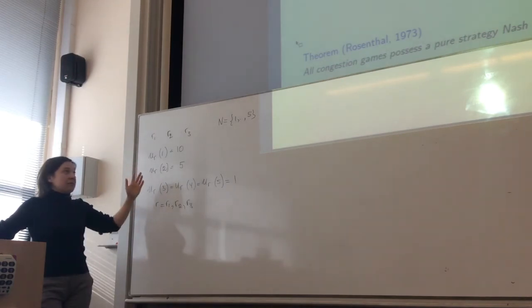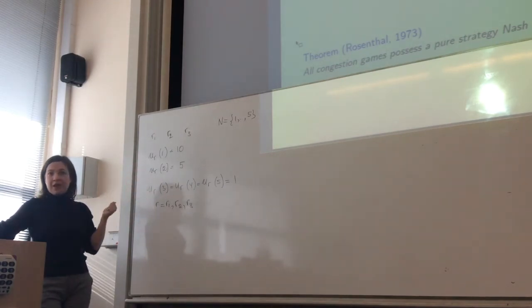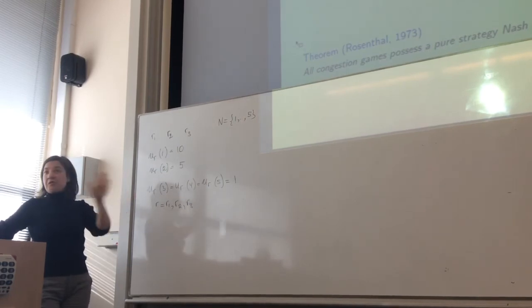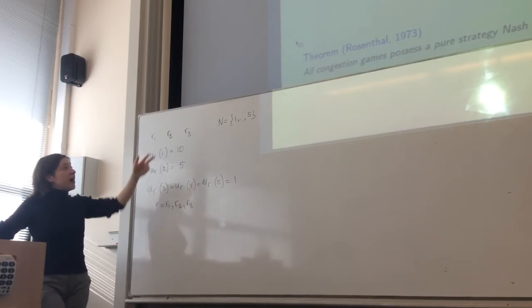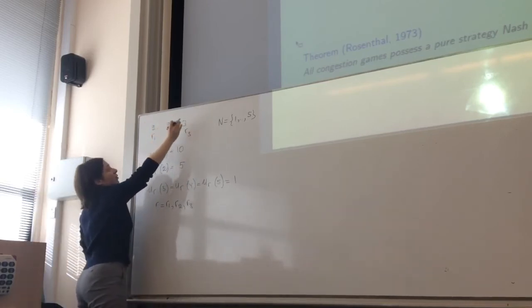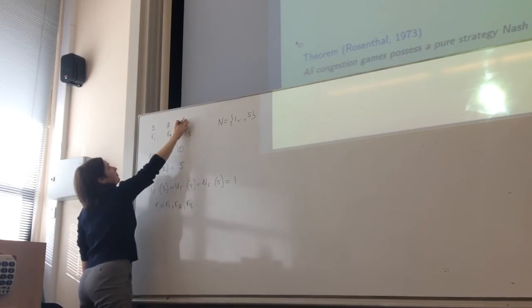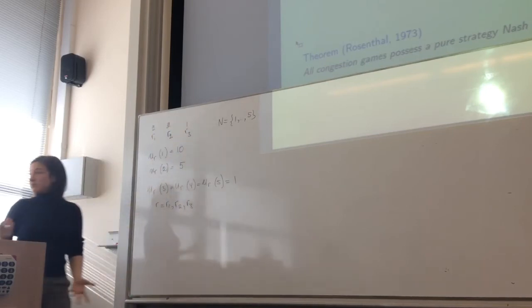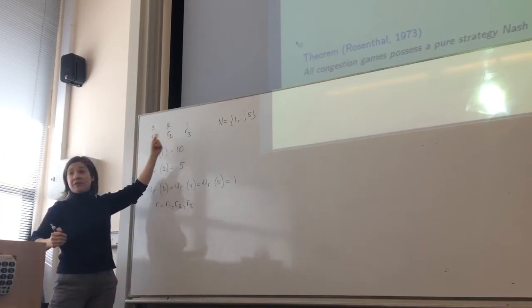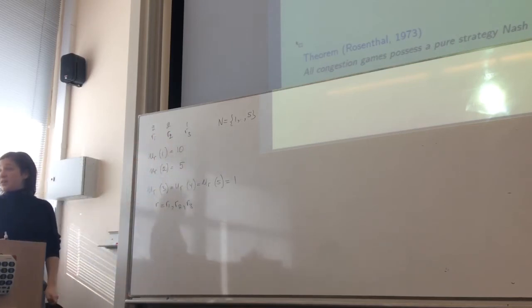How do you think the Nash equilibrium in this game would look like? Choose different resources. Yeah, they try to somehow spread themselves evenly among the resources. Okay, there are 5 of them, so we would have 2, 2, 1, and there is no incentive for any of them to deviate.